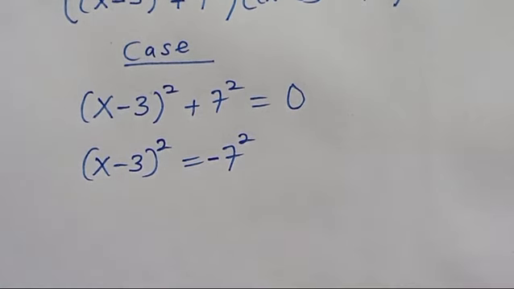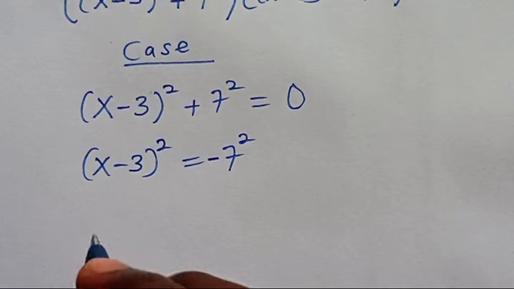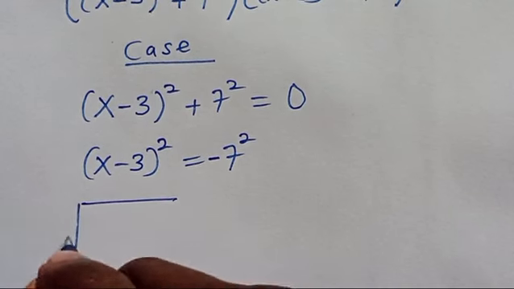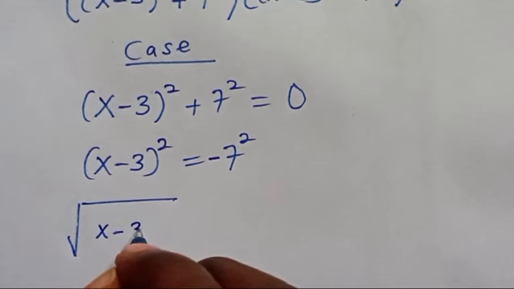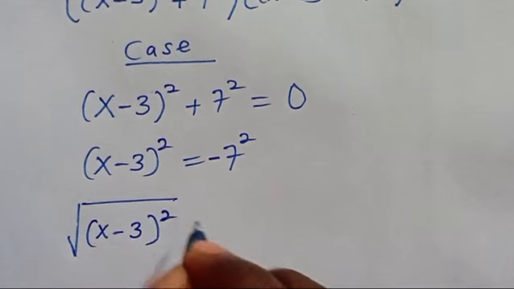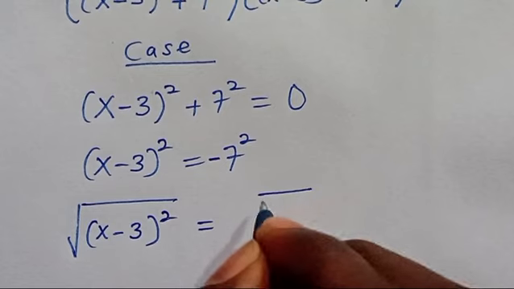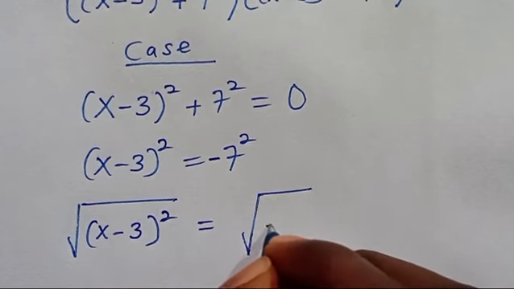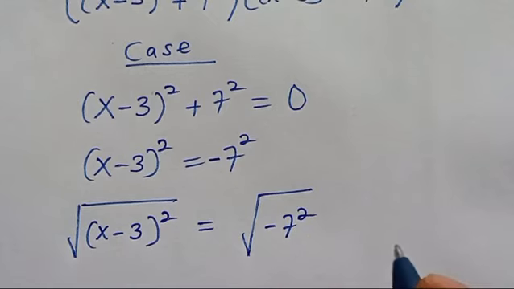So from here, let's take the square root of both sides. So here will be the square root of (x minus 3) to the power of 2 equals the root of minus 7 squared.